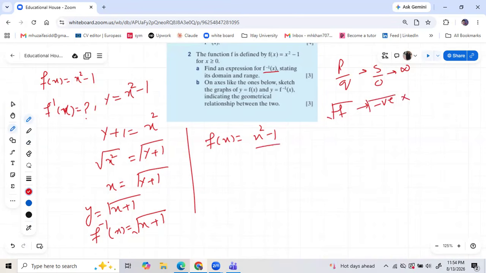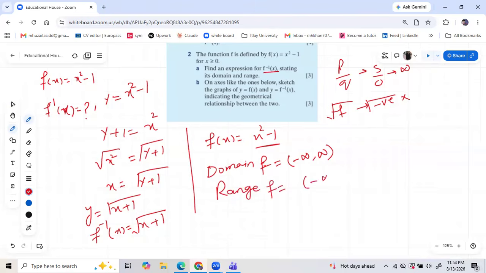But this function is not in square root format, nor in p over q format. That's why we can write its domain bluntly: the domain of this function is minus infinity to plus infinity. And its range is also minus infinity to plus infinity.